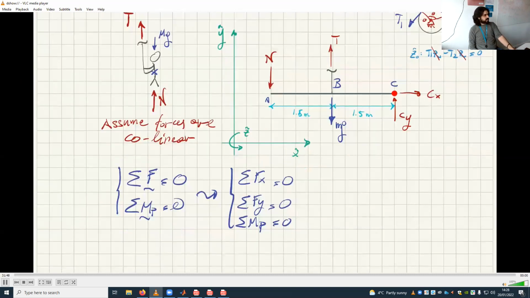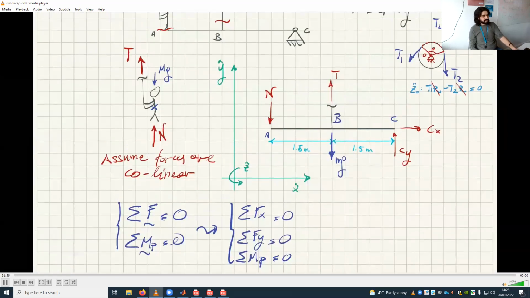If I choose point C, the moments of Cx and Cy will not appear in the moment equation because they are passing through C. If I take the moment about B, T and Mg will give no moment about B, but then I have 3 unknowns. So C, B and A are equivalent because Cx is passing through A, B, C anyway. But let's choose C, just because.